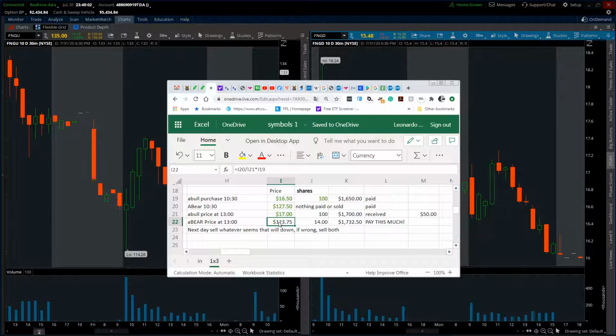This number is a division times something. It's a ratio. Let's see if I can figure out I20, I21, these two numbers. The big number divided by this, and then 19. This one times this one. So it's this times this divided by this.